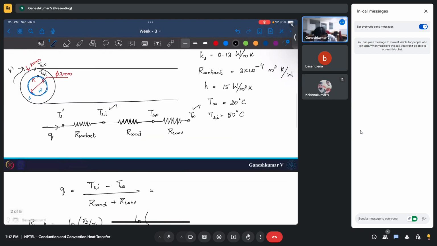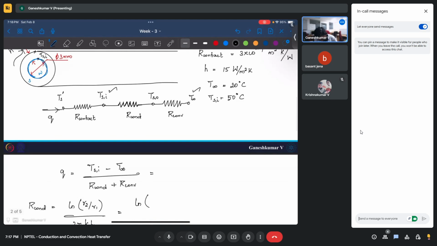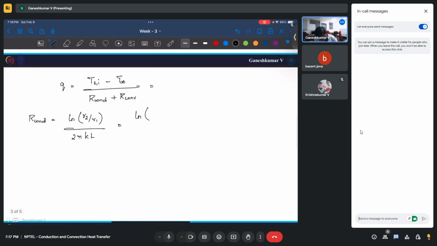So here what would be R2? It would be 1.5 plus 2, 3.5. This part is 2, this is 1.5.